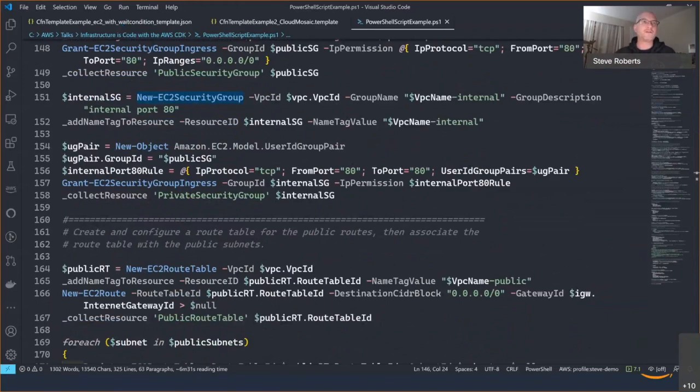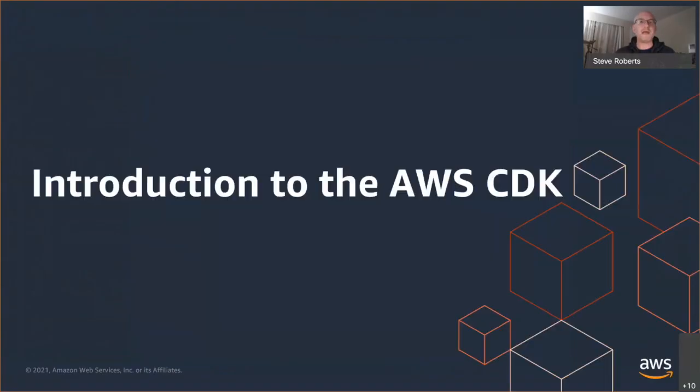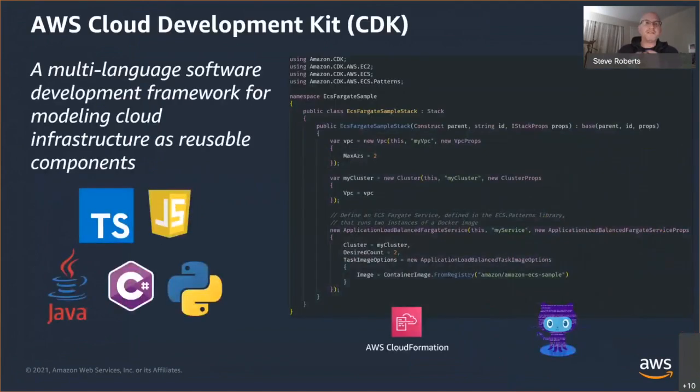So let's go back to slides and start looking at the CDK and what it brings to the table. And let's start with, what is it? So the CDK, as it says on the slide, is a multi-language software development framework for modeling cloud infrastructure as reusable components. Now that language can be TypeScript, JavaScript, Java, C# or Python.